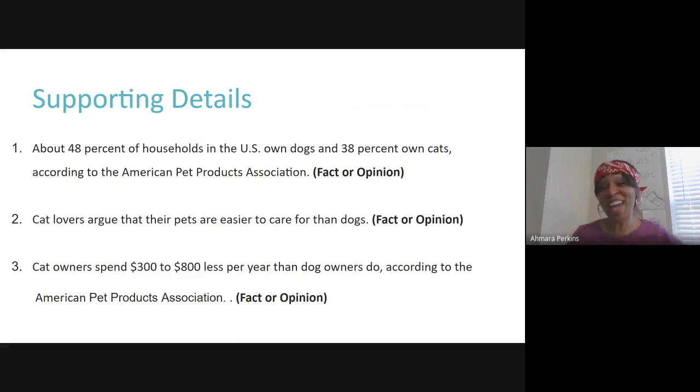We are looking for two things. Remember in the beginning, I told you we're going to analyze supporting details in order for us to identify the main idea. So we are about to do a heavy lift. I hope that you're ready.